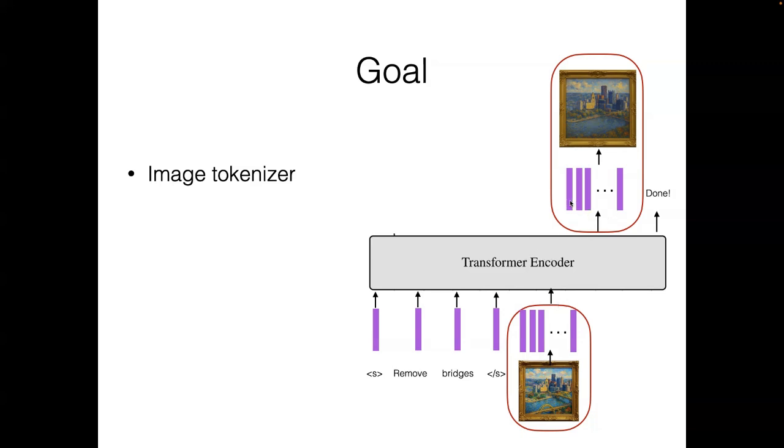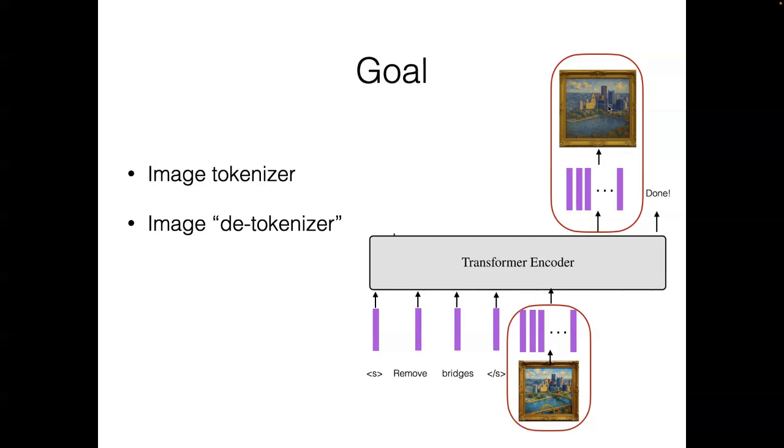Similarly, when we're generating text with the transformer, we can generate these numbers, which are the indices of the text tokens. If we can do the same thing with images and just generate these token indices, and we have some way of de-tokenizing it into an image, then we can generate an image.